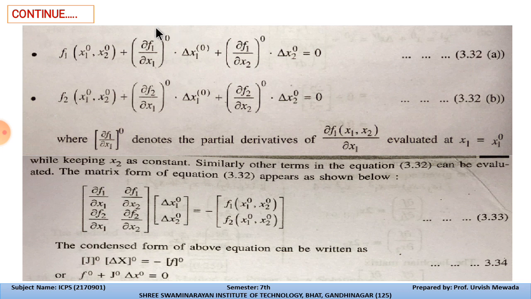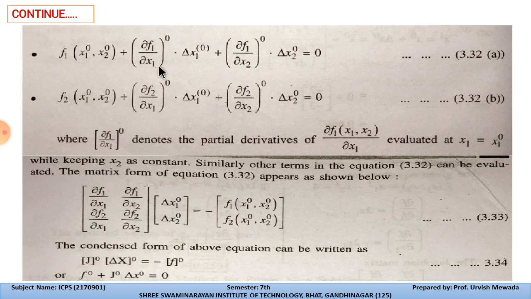The matrix form of equation 3.32 appears like this: del f1 by del x1, del f1 by del x2, del f2 by del x1 and del f2 by del x2.